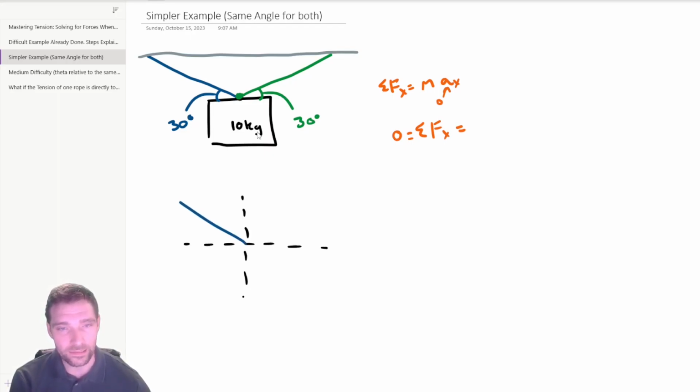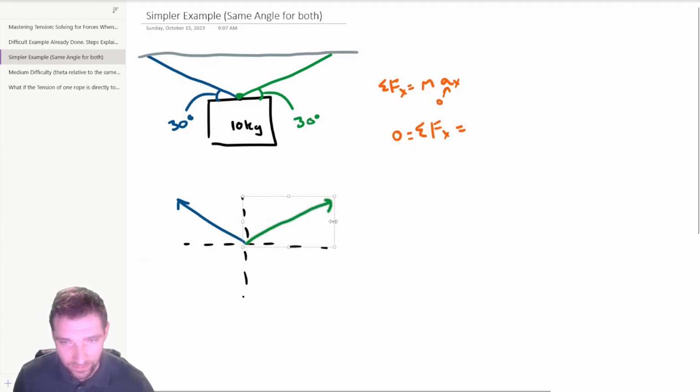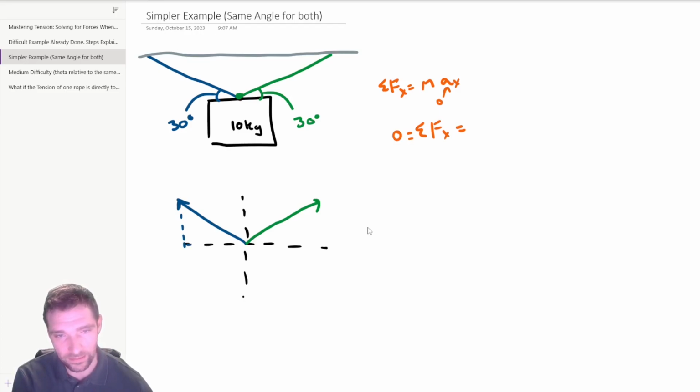And the nice thing is that these things are actually going to be the same size. Because they're at the same angle, I can draw them to scale so that they are pretty much the same size and the same angle. So we've got this blue line here. I'm going to break that down into its X and Y components. So we've got the force of tension 1, force of tension 1 in the x-axis, and force of tension 1 in the y-axis.